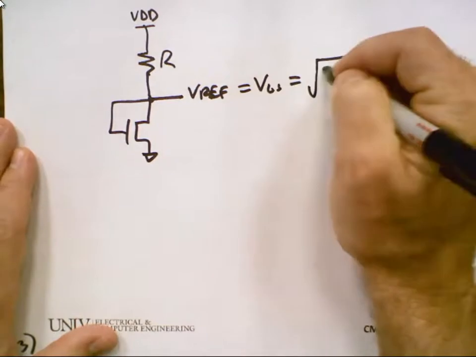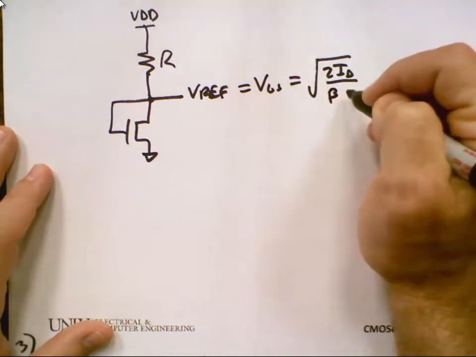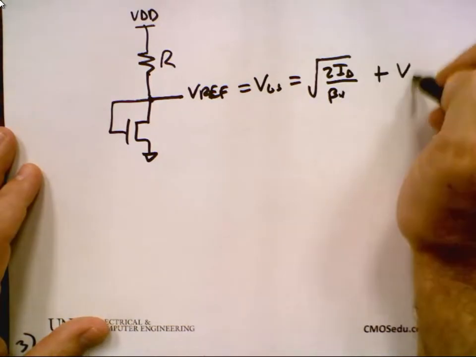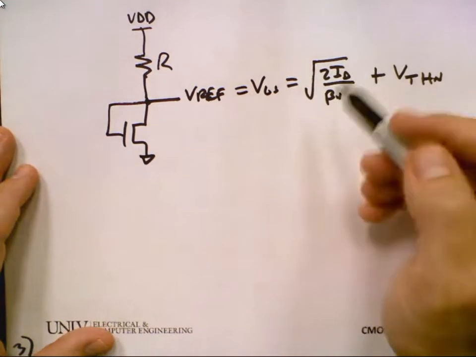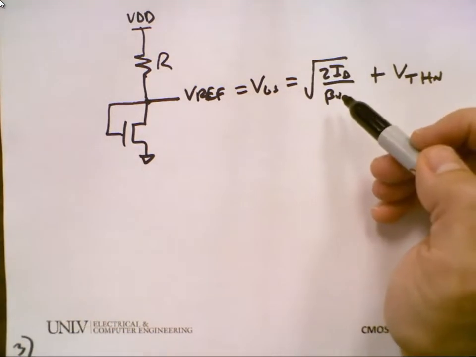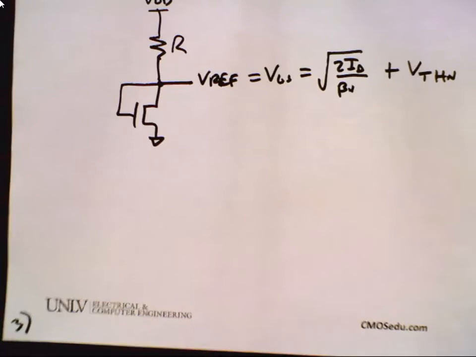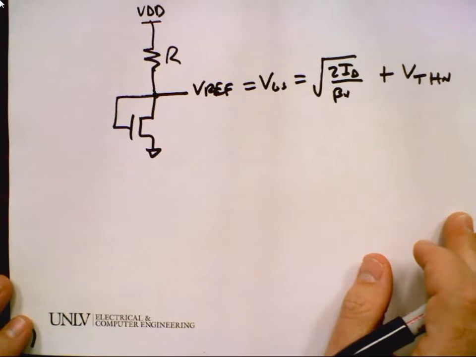Which is equal to the square root of 2ID over beta sub n plus V threshold. So if you make the device wide, what happens to beta sub n? And so what does Vref become? It goes to the threshold voltage, right? Does everybody follow that?